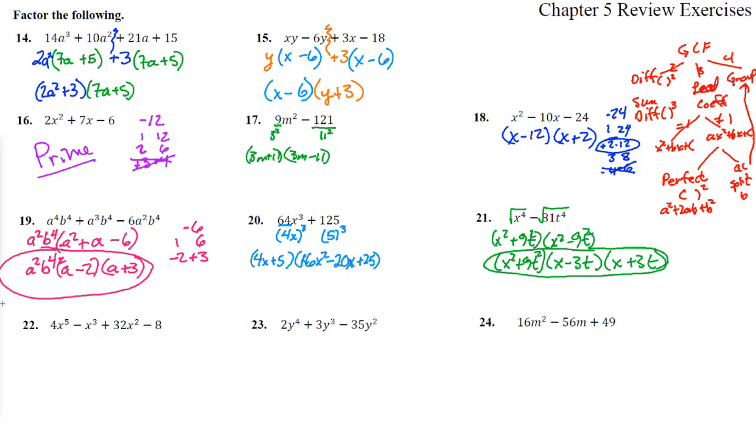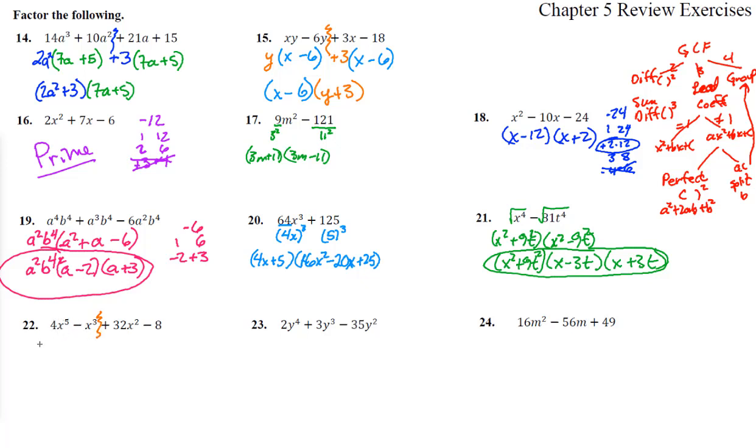All right, number 22. 4x to the fifth minus x cubed plus 32x squared minus 8. Is there a greatest common factor among these? No, there's not. So we count, there's 1, 2, 3, 4 terms. So we are in grouping. So we chainsaw that and we get, what is this?